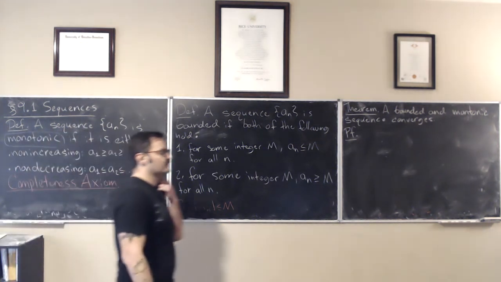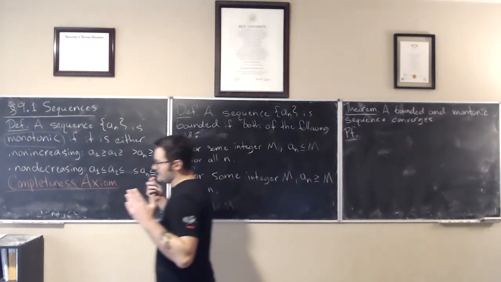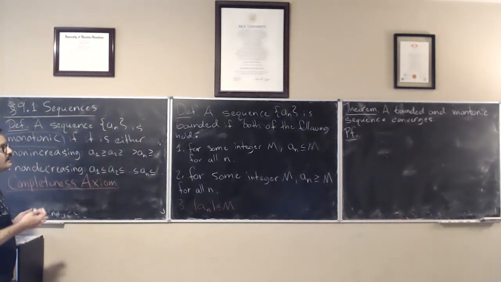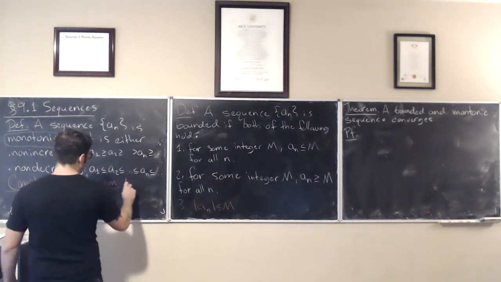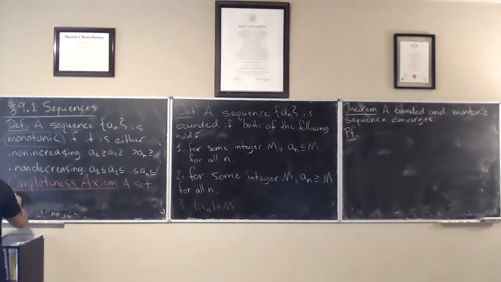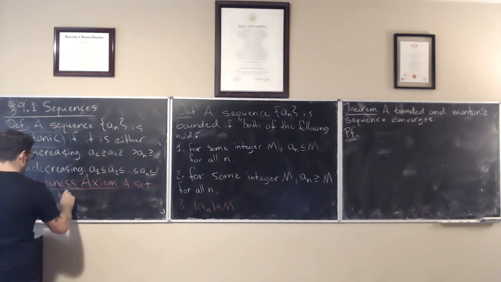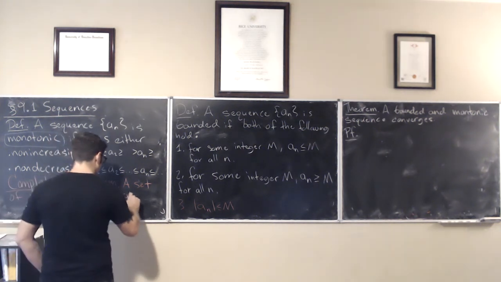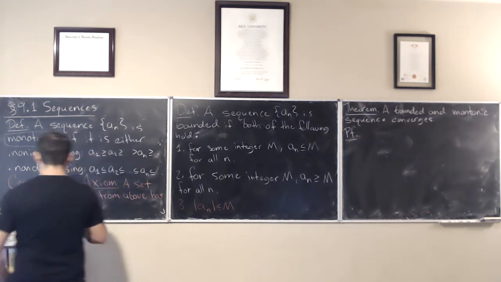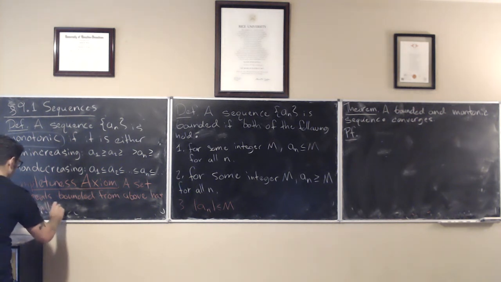It says that a set of real numbers bounded from above has a smallest upper bound.